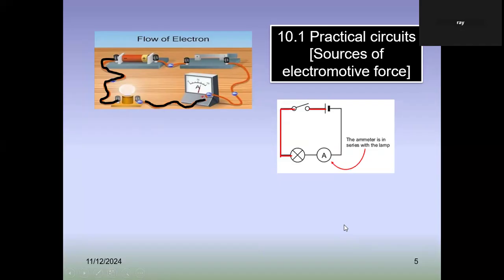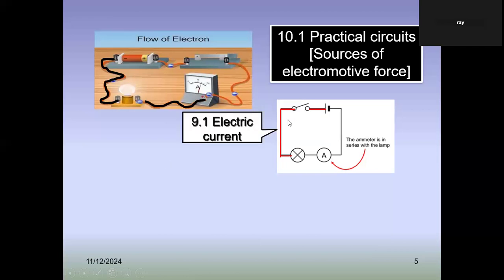For topic 10, practical circuits or sources of EMF, we have a circuit there. Usually they will give a circuit diagram. That's the lamp, that's the ammeter, and there's a switch there. So you're supposed to be able to read the circuit diagram and then connect it up.